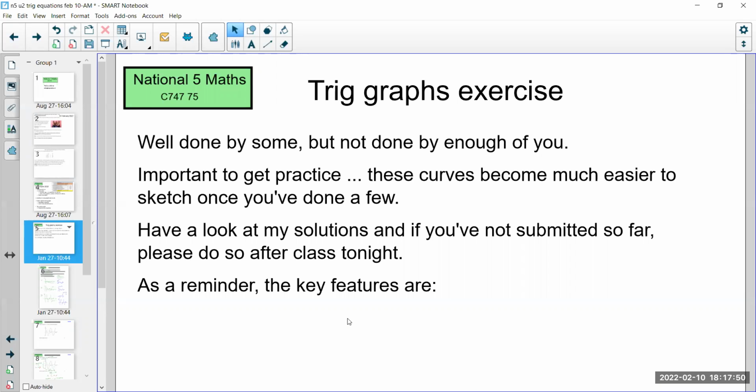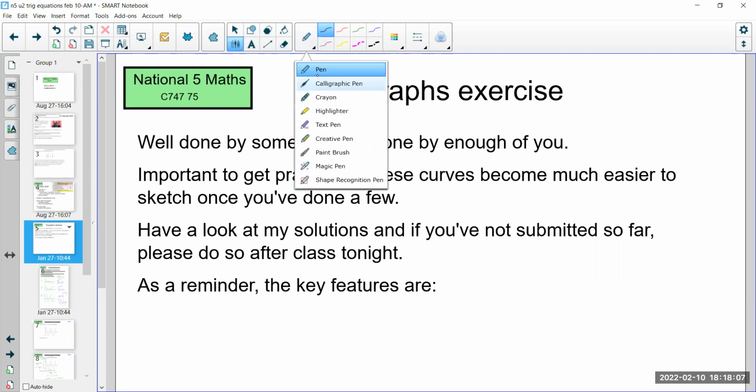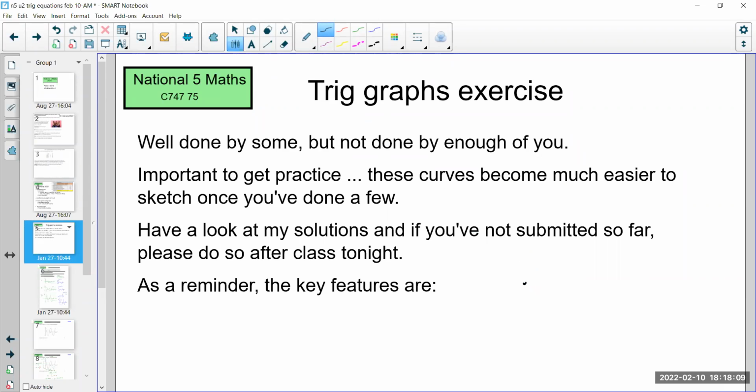The key features to remember when we look at trig graphs: first of all, you need to be able to figure out what the shape is. Let me grab a pen. The shape is a key feature of your graph, what it should look like.